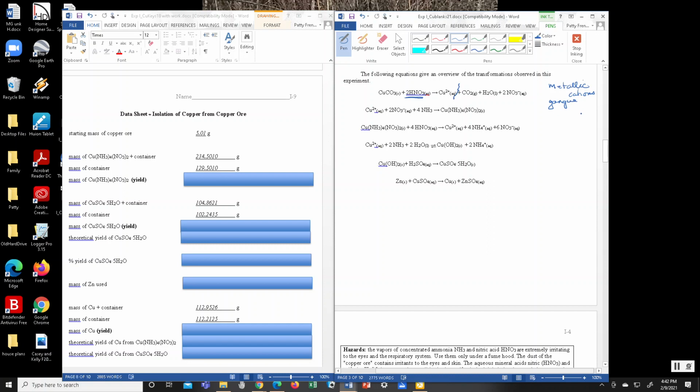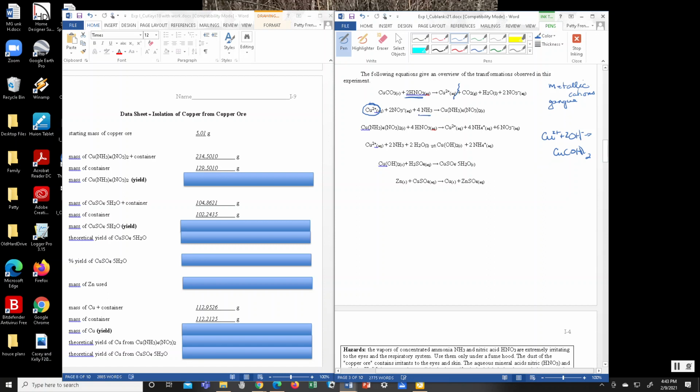So then you had a filter. Once you filtered it, you took this copper and other metal 2+ solutions, and you added ammonia to it. And the ammonia made it very basic, and it took the copper 2+ to copper 2 hydroxide, and it took the other metals to their hydroxides as well.